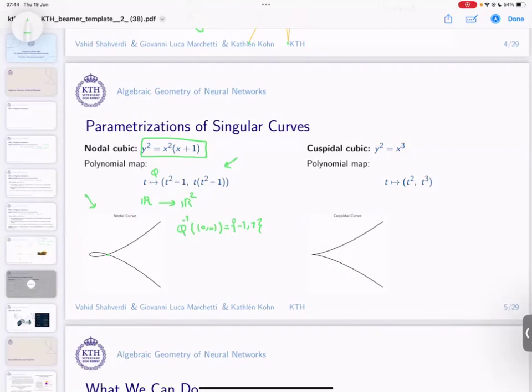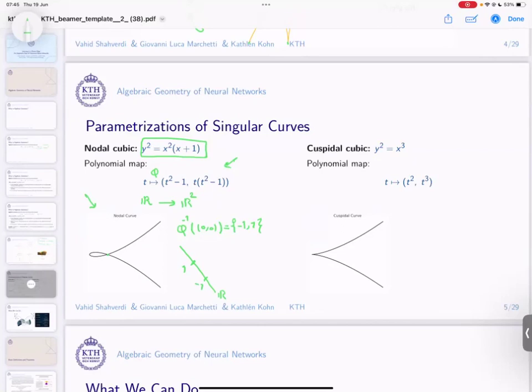It gives you only 1 t, except the origin. So what happened is that I have this line, this R in the domain of my parameterization, and I identify 2 points, 1 and -1. If you put t equal to 1 or -1, it gives you the same point. So that's how I get the singular point, right? This is one way to get it.